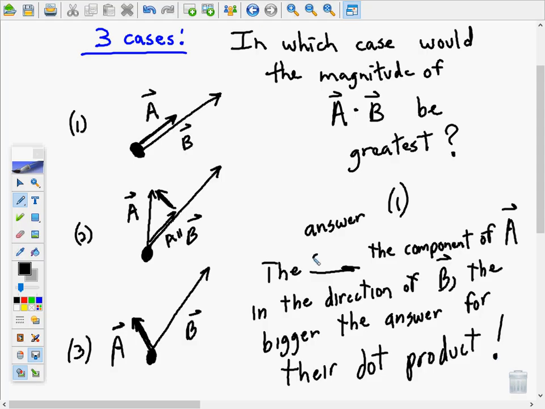The greater the component of A that's in the direction of B, the bigger the answer is going to be for the dot product.